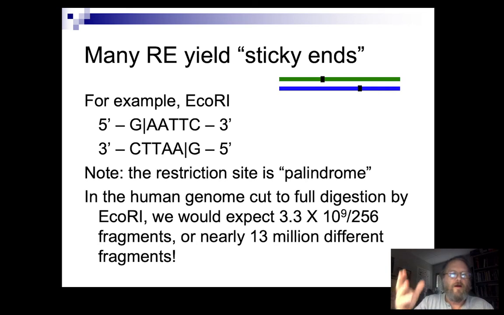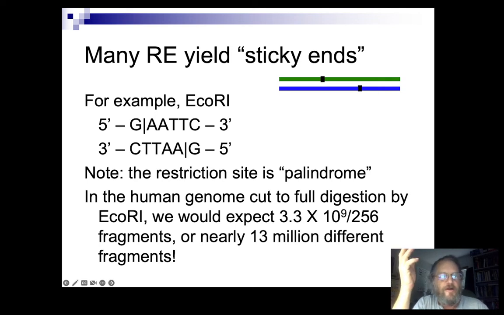Okay, what restriction enzymes do is that they give you a cut that allows you to have an overhang, so we call those sticky ends. This is an example of EcoRI, the sequence that it recognizes, and then it cuts between the G and the A, and between the G and the A in the 5' direction, right?